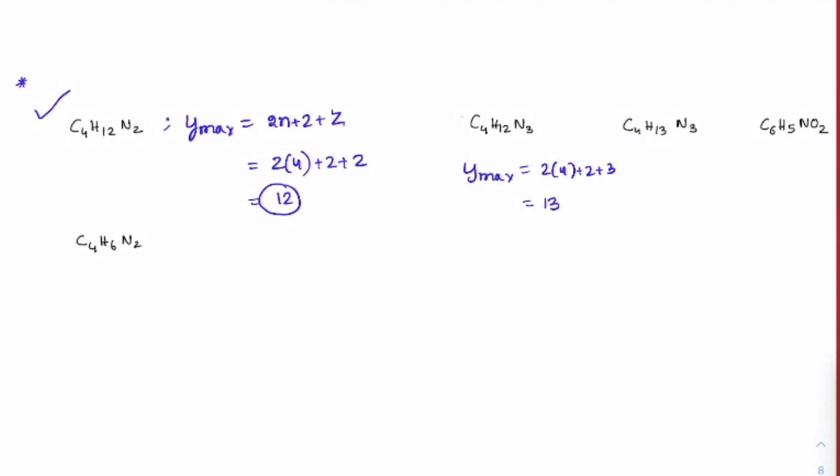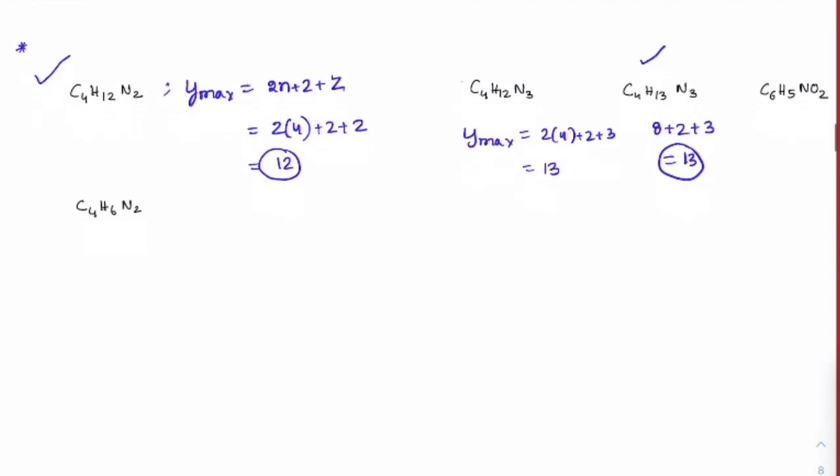Suppose you check the next one, C4H13N3. Here also, 8 plus 2 plus 3, we have 13. So yes, this would exist.